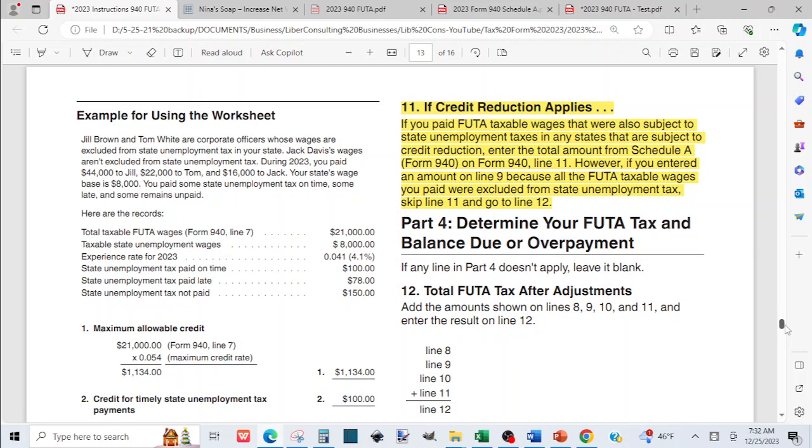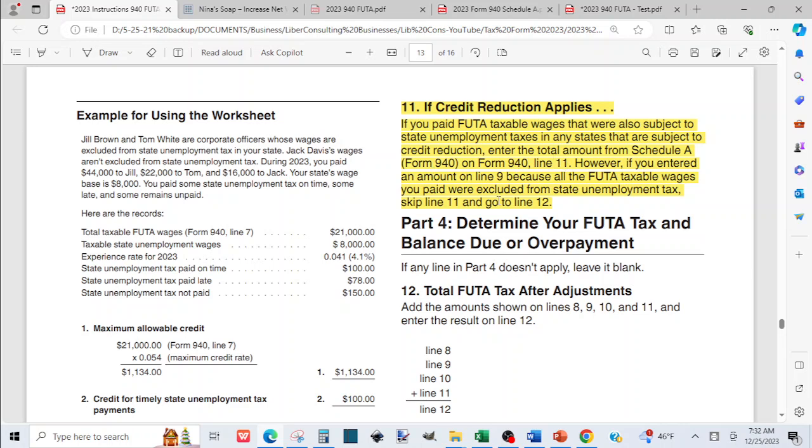And here they are talking about the credit as well. So if you pay FUTA tax wages that were also subject to state unemployment tax in any state that is subject to credit reduction, enter the total amount from Schedule A on line 11.